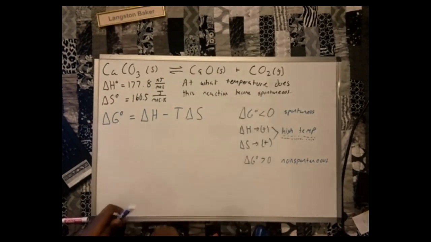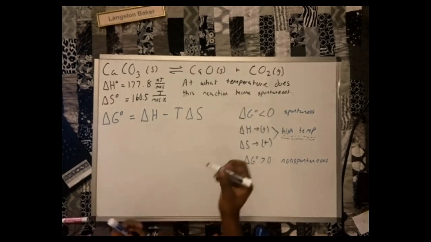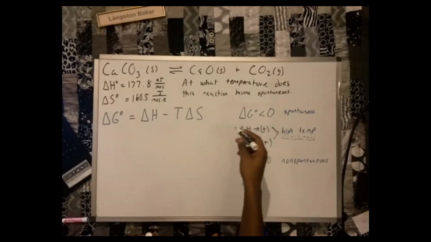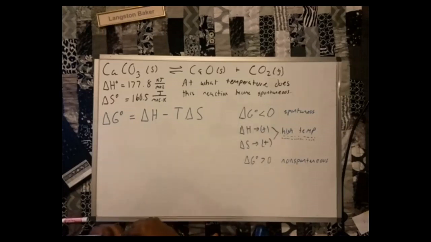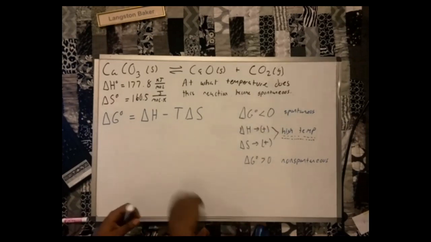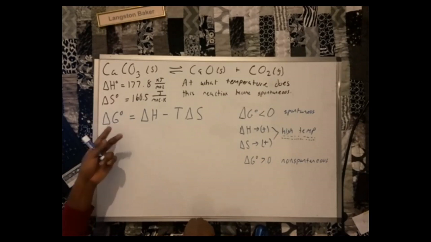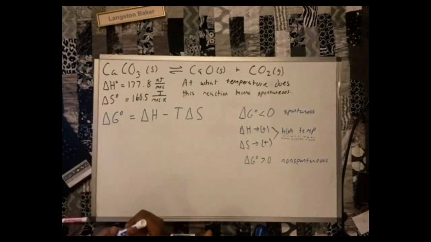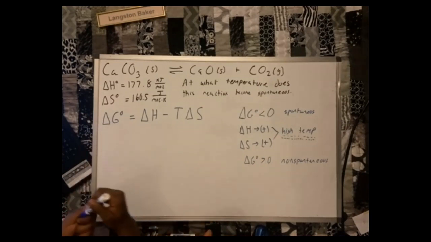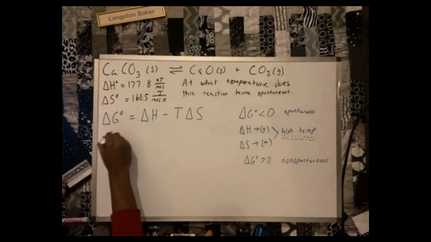At what temperature does this reaction become spontaneous? Okay, I did that right. But anyway, see what I mean? It becomes spontaneous at the point when delta G goes from positive to negative, which is at 0. So I would take my equation and solve for when delta G is equal to 0.